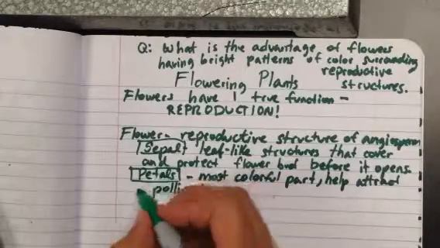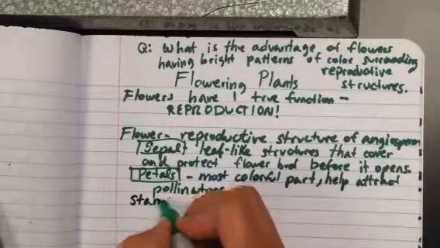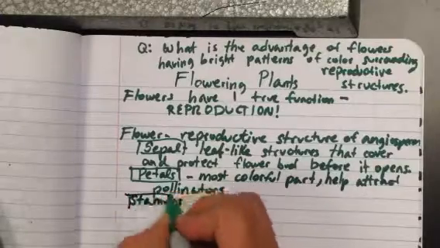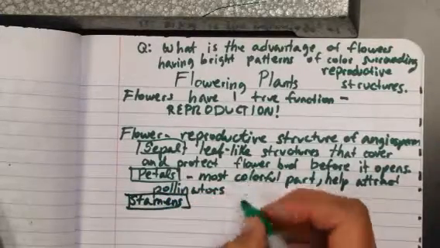The next part is the stamen, which is the male part of the flower.